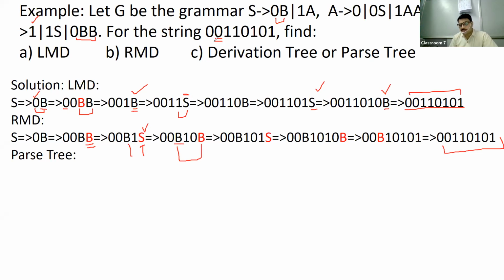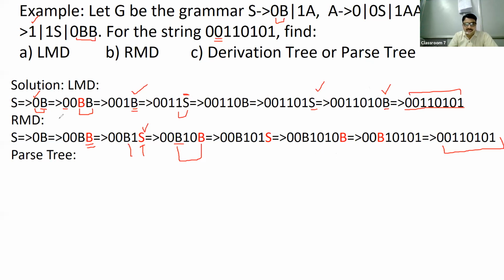Now the third part of the question is, you have to design the derivation tree or the parse tree. So how can we design the parse tree or derivation tree? Because this is the simple sentential representation, while the parse tree or the derivation tree is the pictorial representation. So you can design any one of them in the form of a tree.